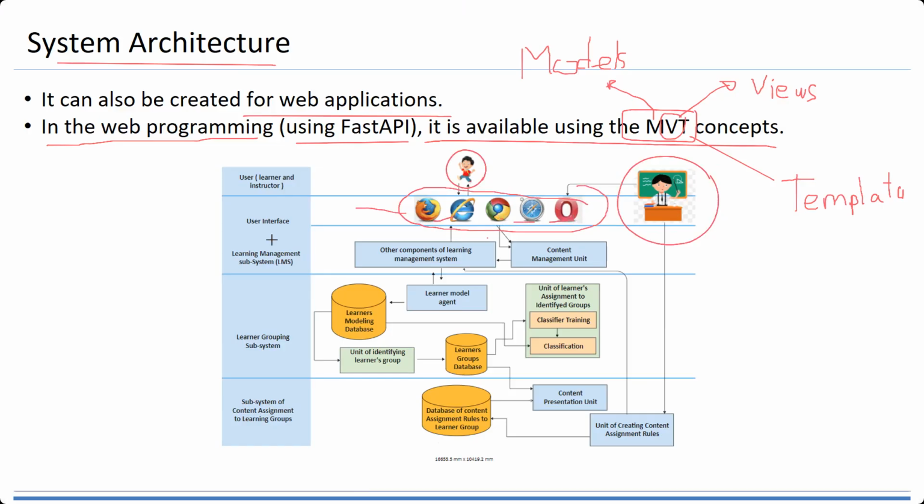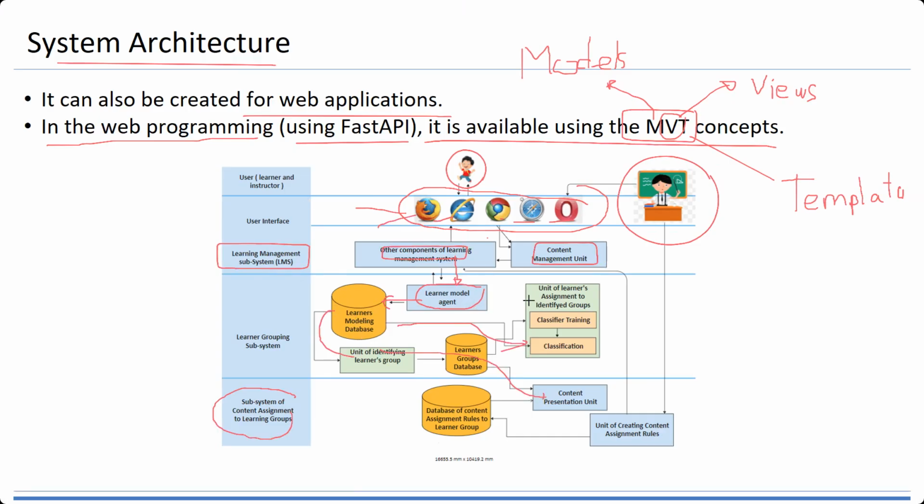And there should be a kind of system that connects to this browser. For example, they have the learning management system, or some kind of content management unit. So once they connect to this, they are going to connect to one module, and this module will connect to the database. And this database will connect to another system, and then they also connect to another kind of unit.